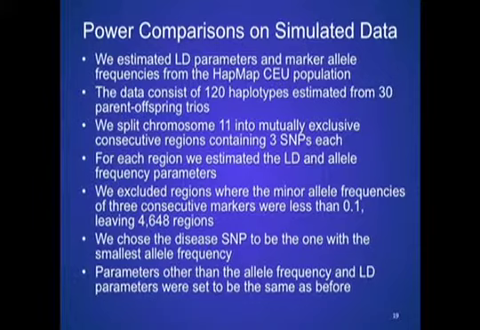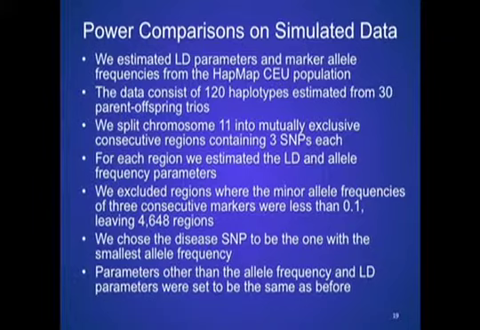Data consists of 120 haplotypes, estimating 30 parent offspring trios. Split chromosome 11 into mutually exclusive consecutive regions, each containing 3 of these things. And we estimated the correlations and allele frequency parameters. We excluded regions where the minor allele frequency of the 3 consecutive was less than 0.1. People do that because they say it's not very accurate, so if all 3 of them are, throw those out.